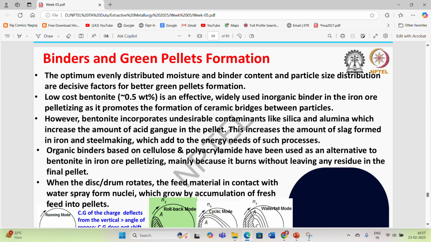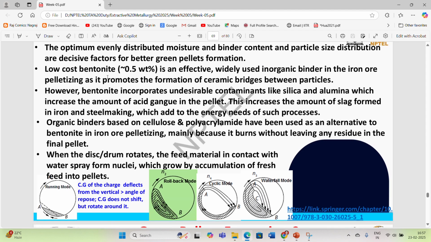So, binders and green pellet formation. The optimum evenly distributed moisture and binder content and particle size distribution are decisive factors for better green pellet formation. Like low cost bentonite, around 0.58% we have to add.